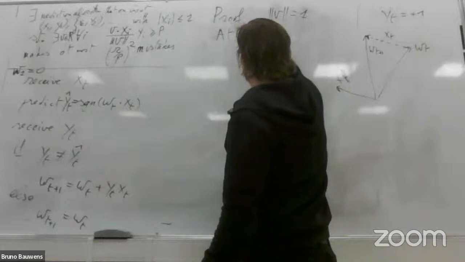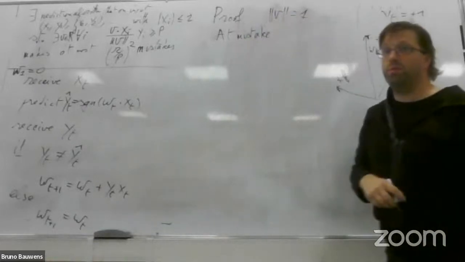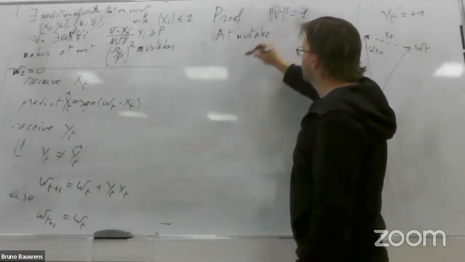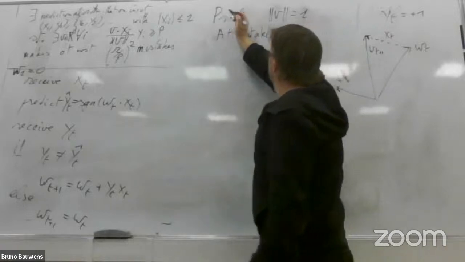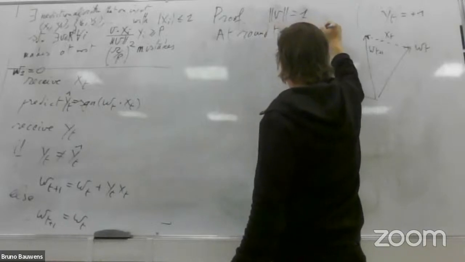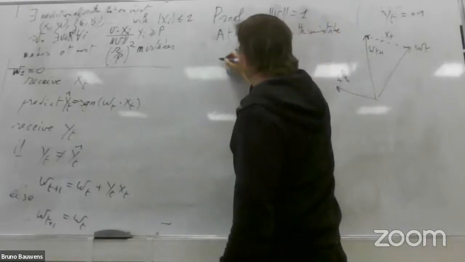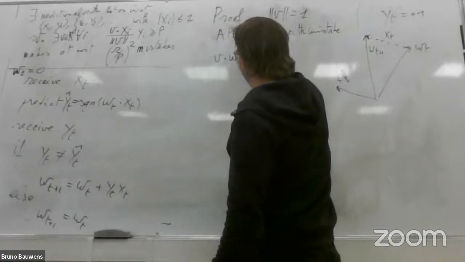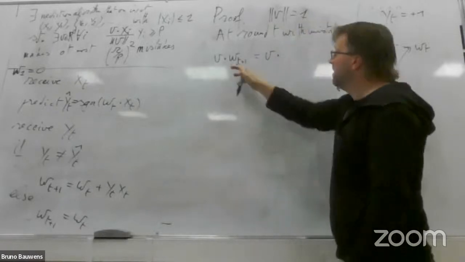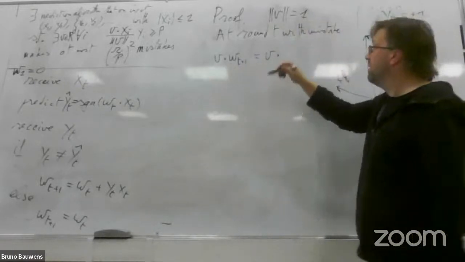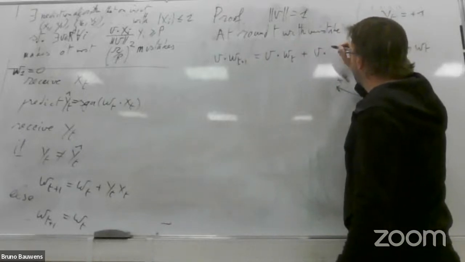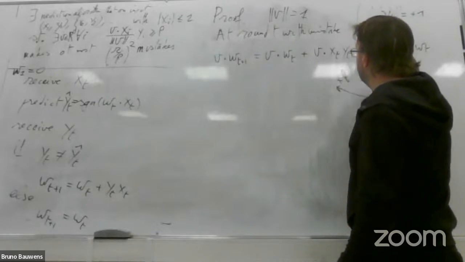As the first step, let us see what happens with the projection of W on V at a round with a mistake. Let's look at V times Wt plus 1, and expand the definition of Wt plus 1. It is equal to V times Wt plus V times xt yt.